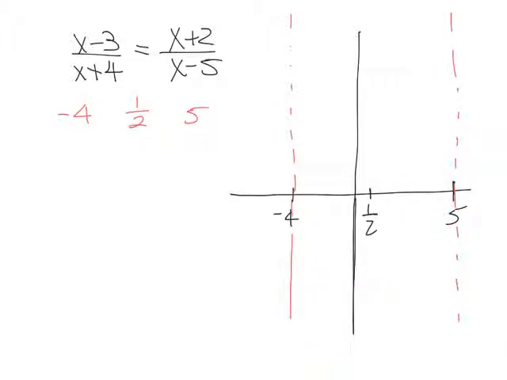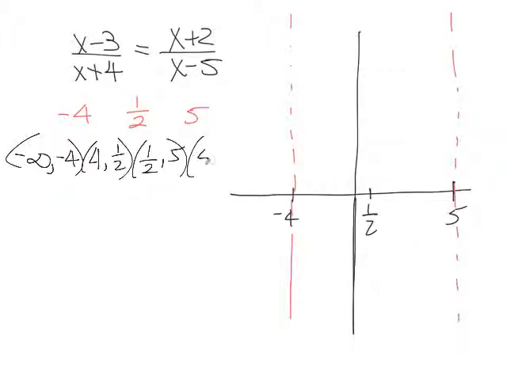So we just have to make sure that when we're doing rational inequalities with numbers in the denominator, we not only look at what x is equal to, but we look at what x cannot be. So that gives me my -∞ to -4 interval, my -4 to 1/2 interval, my 1/2 to 5 interval, and my 5 to infinity interval.